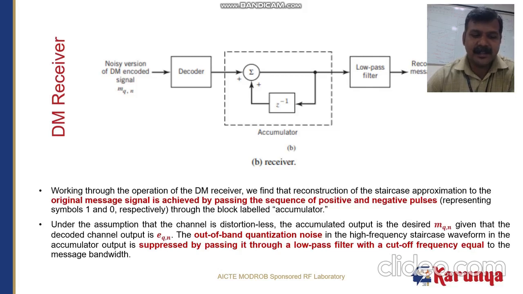Under the assumption that the channel is distortionless, the accumulator output is the desired m_q[n], given that the decoded channel output is e_q[n]. The out-of-band quantization noise, the high frequency staircase waveform in the accumulator output, is suppressed by using a low pass filter with a cutoff frequency equal to the message bandwidth.